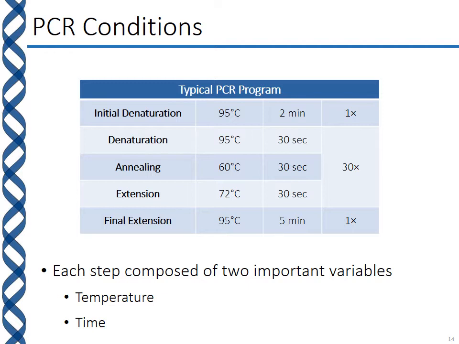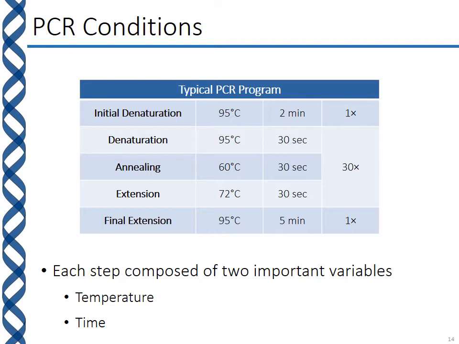Denaturation, annealing, extension, denaturation, annealing, extension, and so on. And then at the end there's a final extension step to allow the polymerase to essentially finish all of the synthesis of strands that it's currently working on, and that's done for one repetition, and then the program ends.